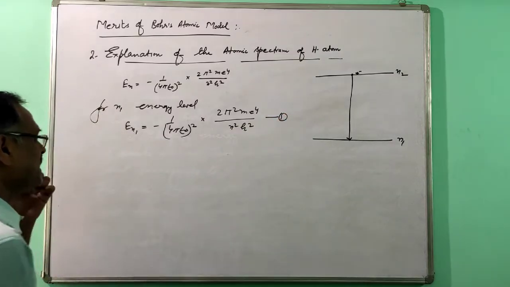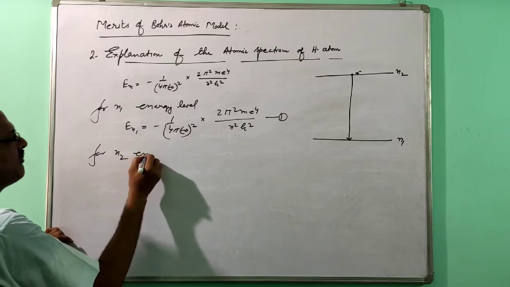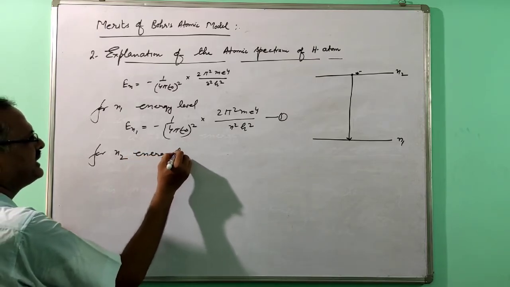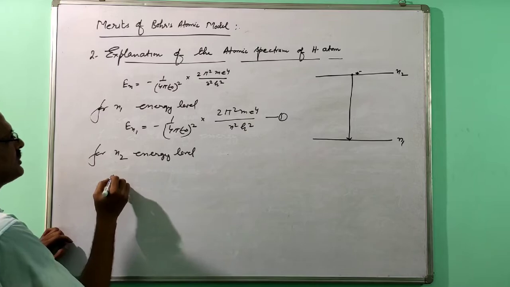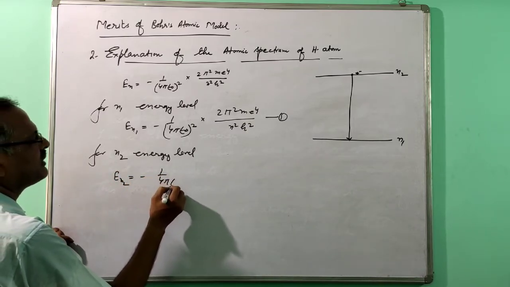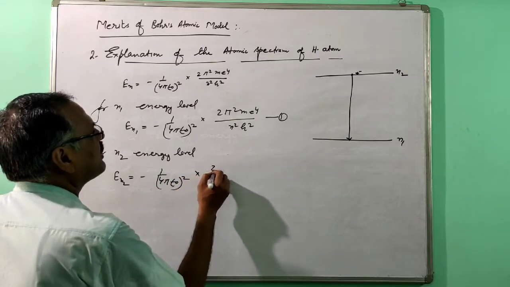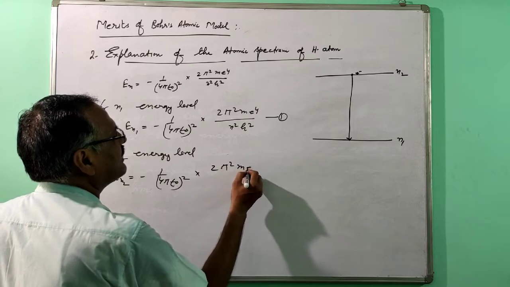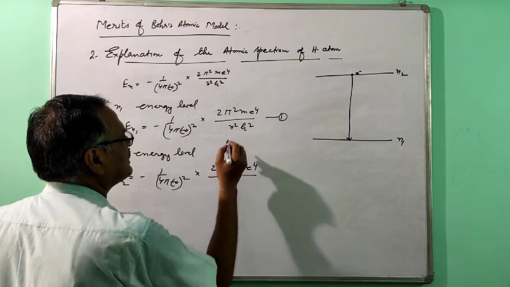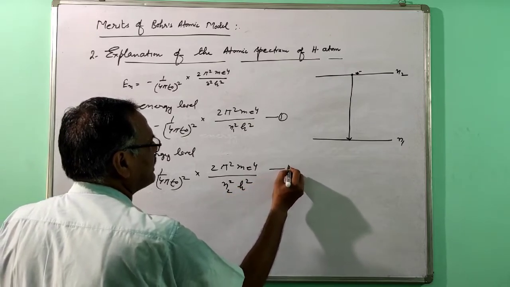And for the n2 energy level, En2 is equal to minus 1 upon 4 pi epsilon naught whole square into 2 pi square m e to the power 4 upon n2 square h square.